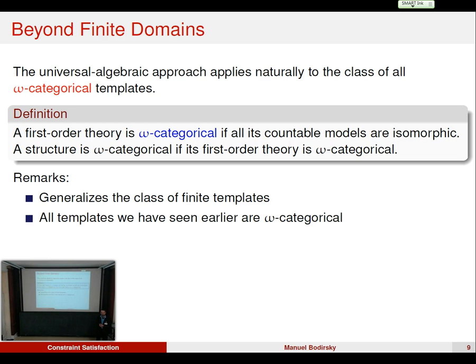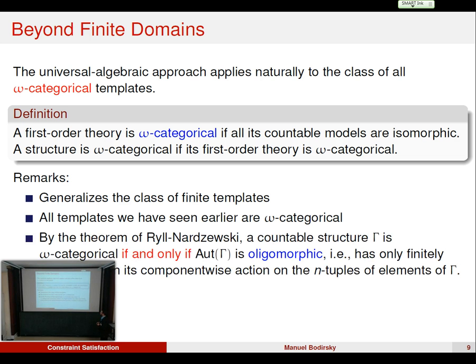But also all the templates that we have seen earlier. These were Fraïssé limits in a signature which is relational, a finite relational signature. So these Fraïssé limits will also be omega categorical. Why? One way to see this is via the theorem of Ryll-Nardzewski. That's an if and only if characterization of omega categoricity in terms of the permutation group of Γ.